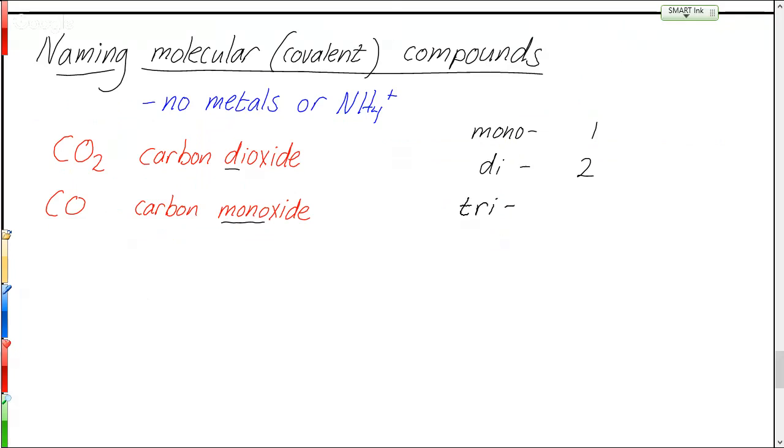If there's three, we say tri. If there's four, we say tetra. Penta is 5. And hexa is 6. So we say exactly how many of each atom there is in the name.